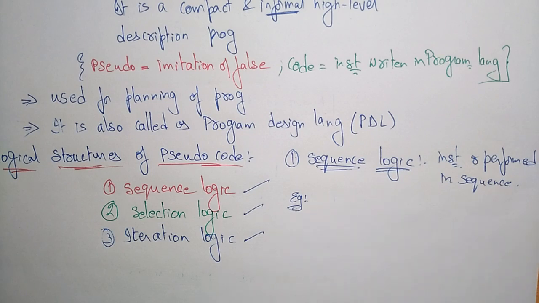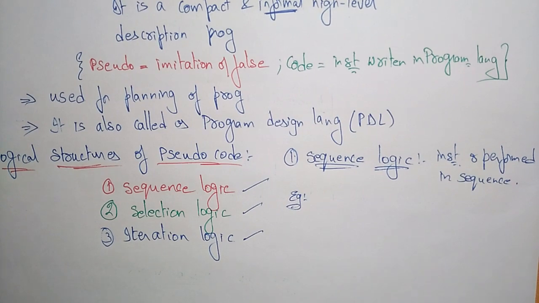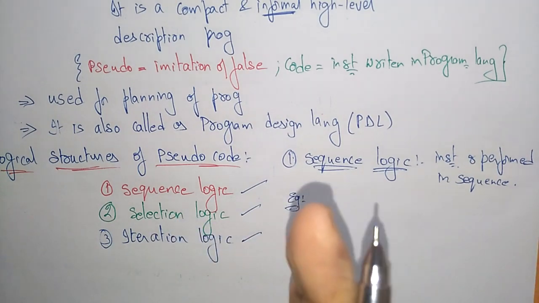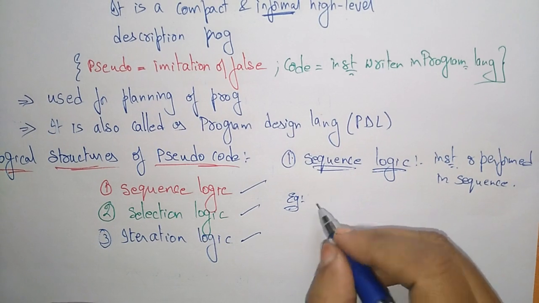Let us take a flowchart and the pseudocode to see the variations between the algorithms. I said an algorithm can be expressed in any one of the notations like pseudocode, natural language, or flowcharts. Let us take another algorithm to know the difference between how the flowchart is represented and how the pseudocode is represented.